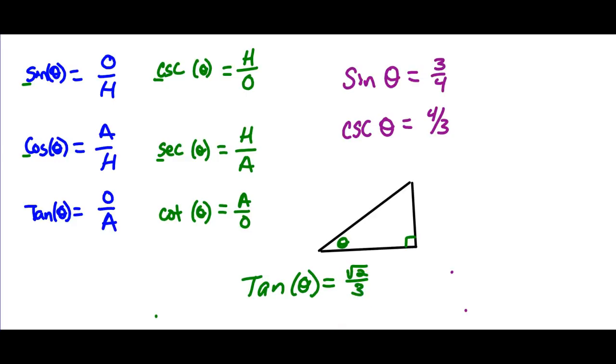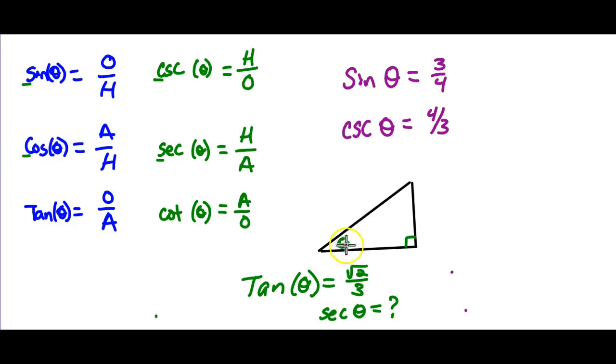So if the tangent is the square root of 2 over 3, what is the secant of theta equal to? You say, okay, the secant of theta, and where's the secant? The secant of theta is hypotenuse over adjacent.